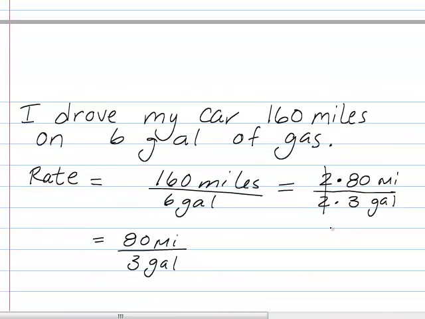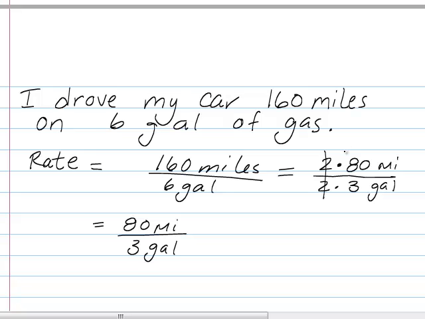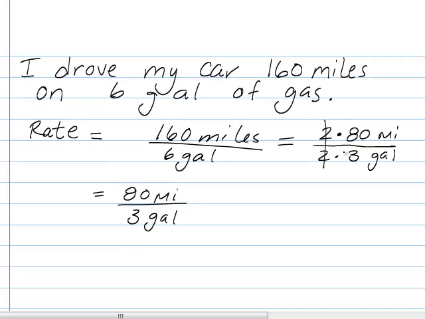So let's look at an example here. In this case, I drove my car 160 miles on 6 gallons of gas. So the rate here is 160 miles on 6 gallons of gas. We can write this as a fraction, as you see, and we always want to make sure that our fraction is in lowest terms. So we're looking for common factors in our numerator and in our denominator.